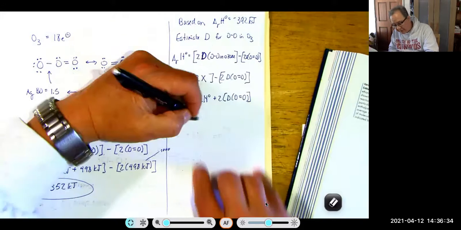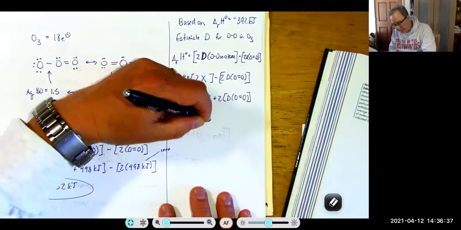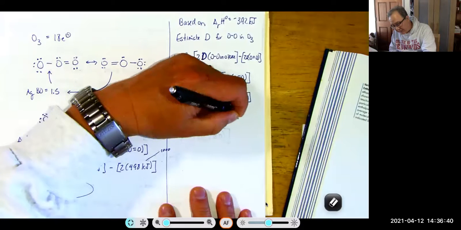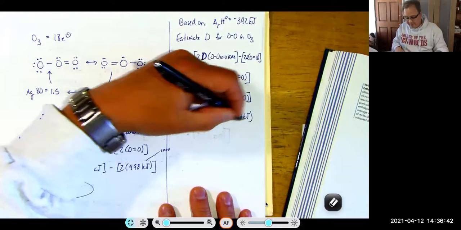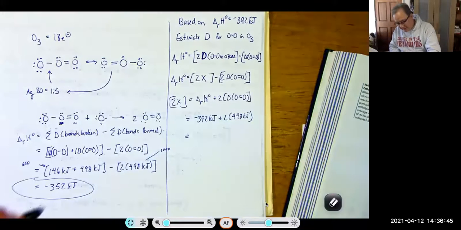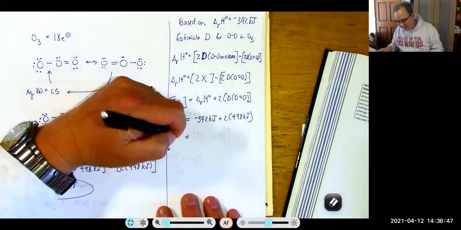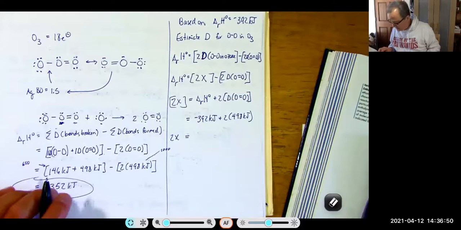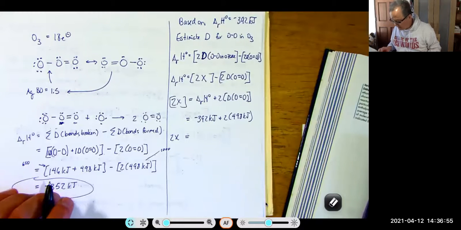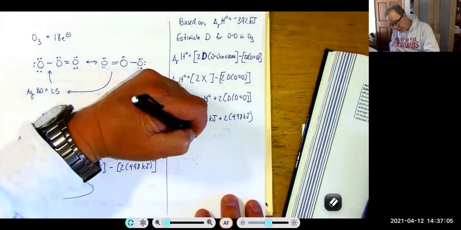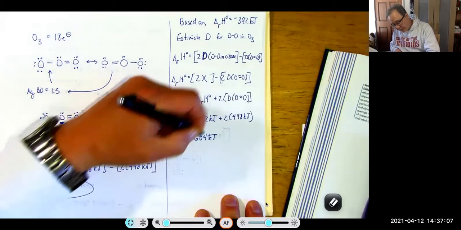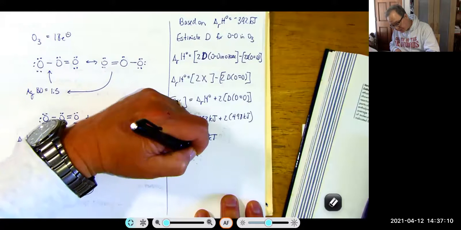And that's going to be minus 392 kilojoules plus 2 times 498 kilojoules. And that'll give us roughly, 2x is roughly 600. Let's see, 996 minus 392. So I get 604 kilojoules. So X is 302 kilojoules.